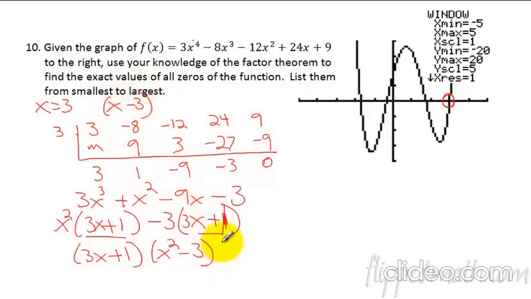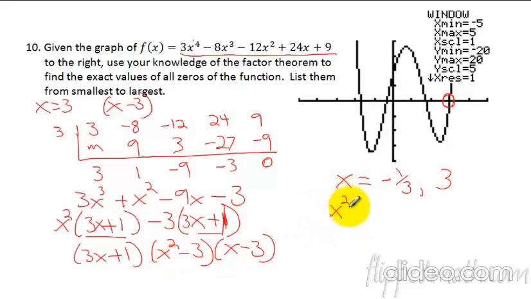Okay, so remember the whole point of this was to be able to try and find the zeros. And we know that x minus 3 was also a factor. So what I have listed here are all of the factors of this original polynomial. So what are the zeros? You take each one of these and set it equal to 0. So you're going to end up with, our zeros are going to be negative 1/3. You're also going to get a 3 from this one. What about this one?